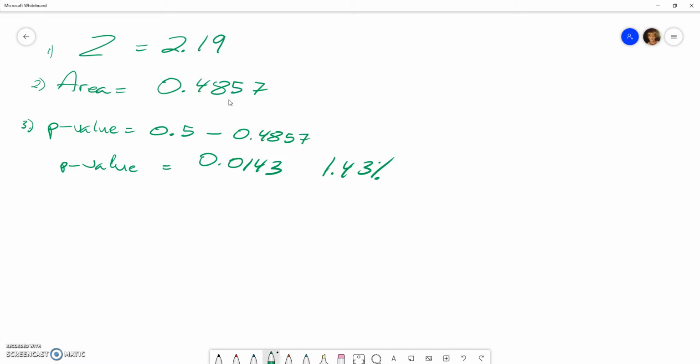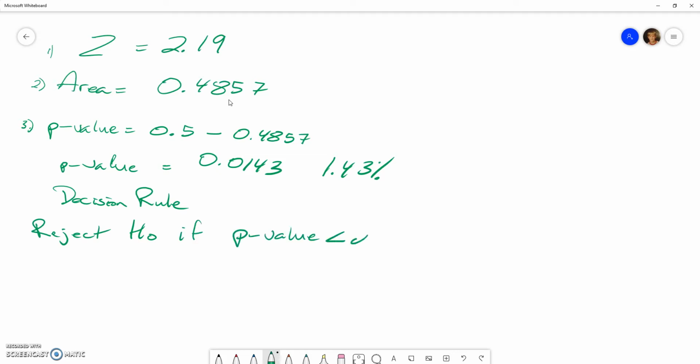The decision rule, remember, is to reject the null hypothesis if the p-value is less than alpha. The p-value is 0.0143, and that is less than alpha. We're assuming that alpha is 5% in this example.